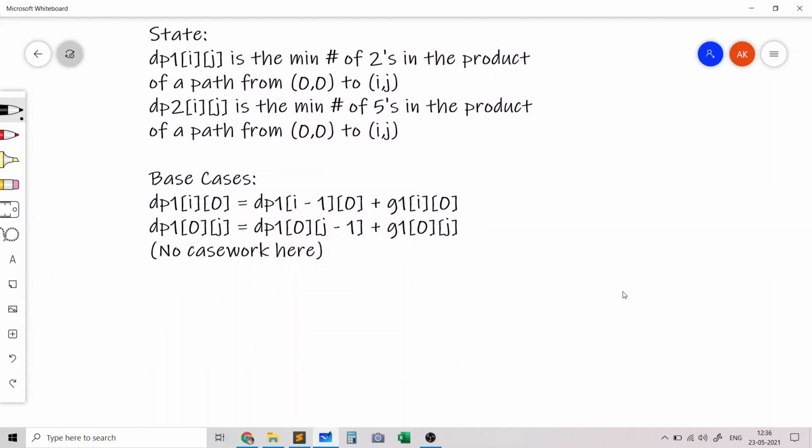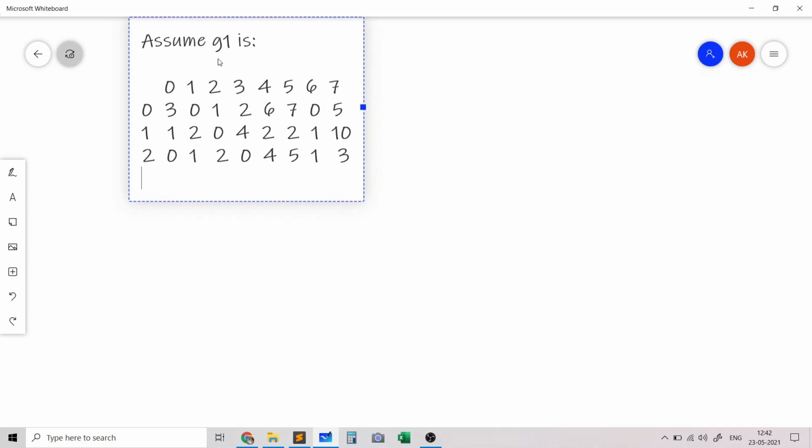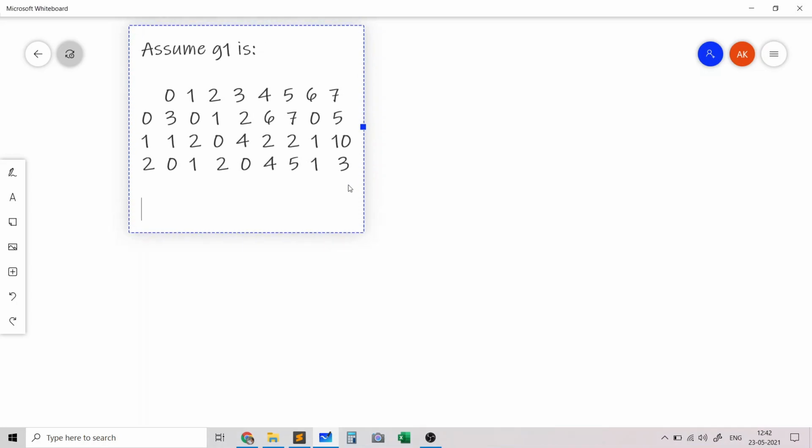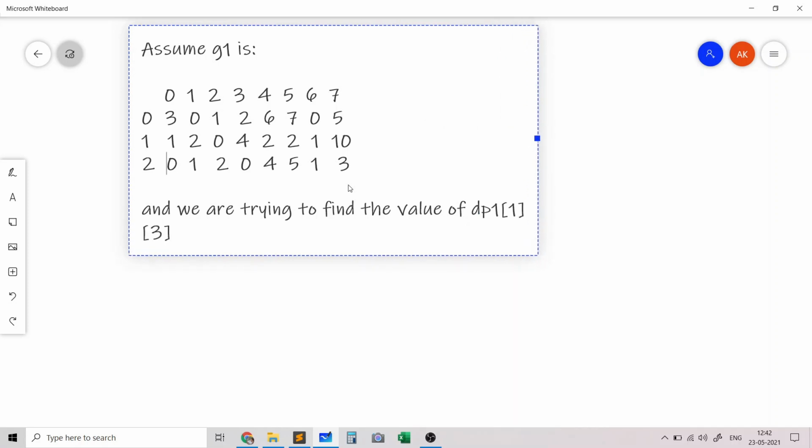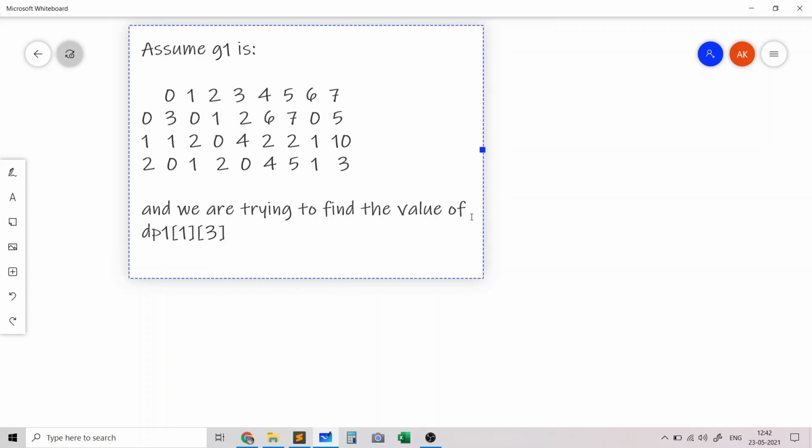So for the transition, there are actually two cases. So let's assume that this is grid 1 and we are trying to calculate the value of dp1 of 1 of 3. So that's basically this cell. We are trying to find the value of dp1 of 1 of 3. There are two cases.